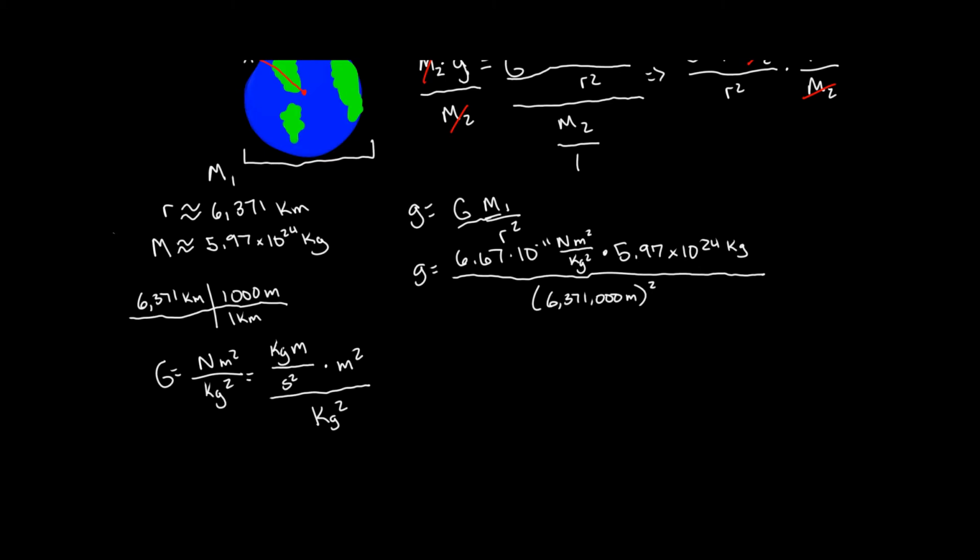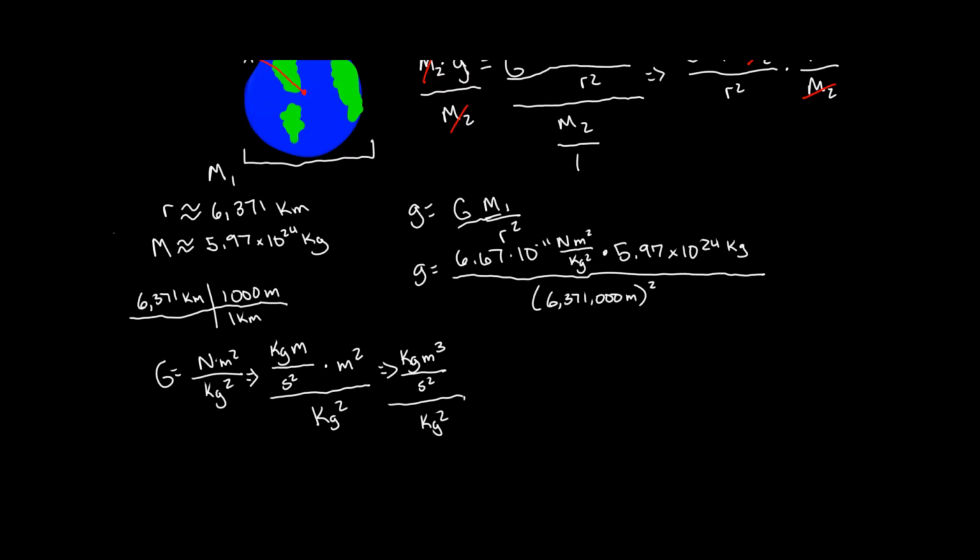This is just the same as this, only instead of having a Newton in here, we've filled in the units. So first let's combine these top terms. Kilogram meter times meter squared gives us a kilogram meter cubed over second squared, all of that over a kilogram squared.